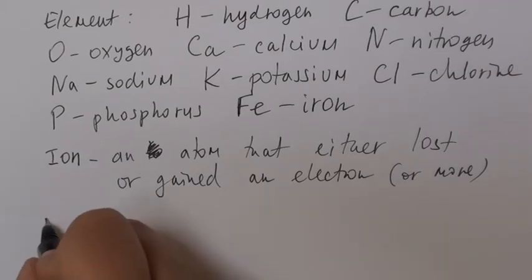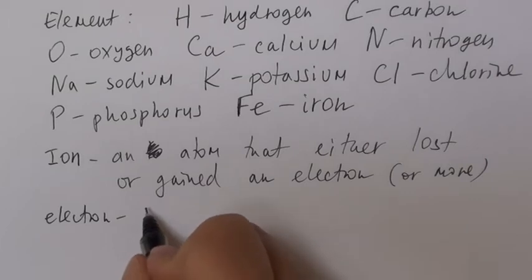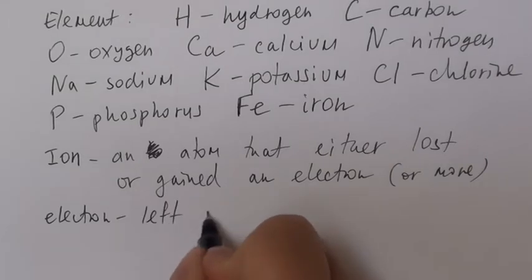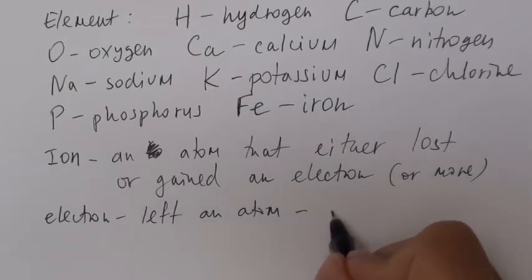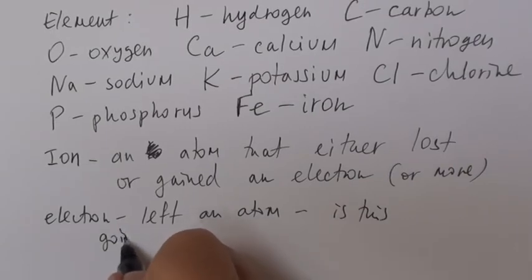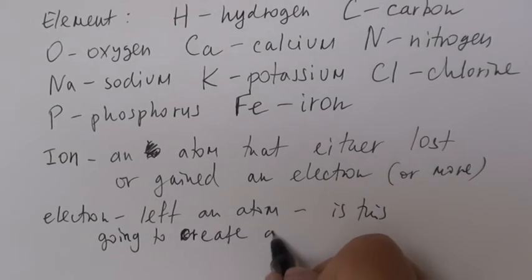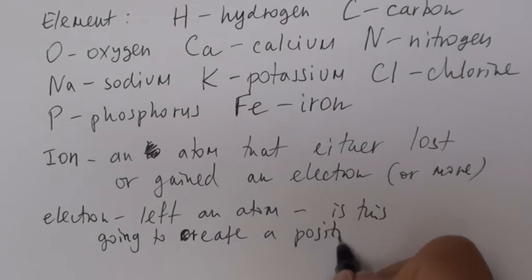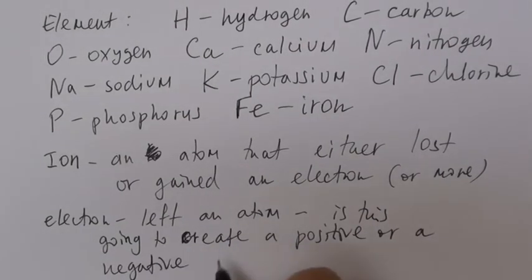So if I have an electron that has left an atom, is that going to create a positive or a negative ion? Okay, so I want you to have a think about it.